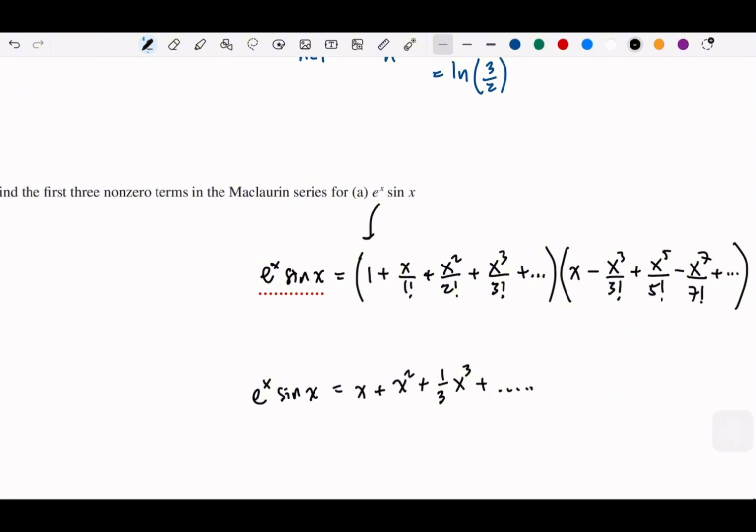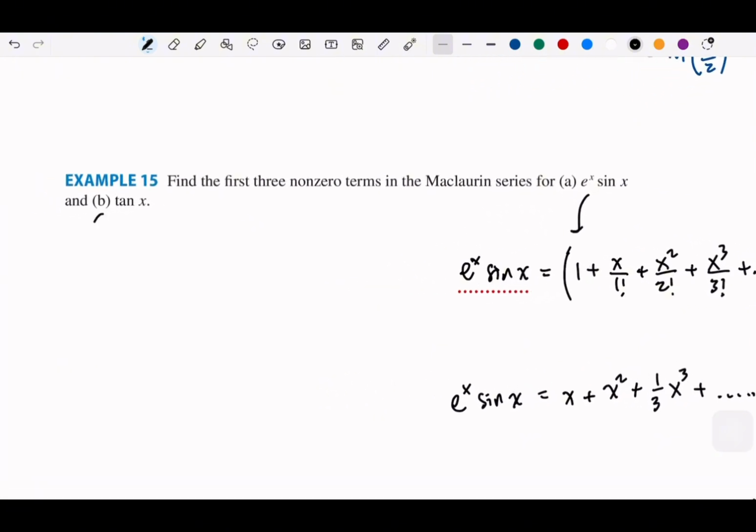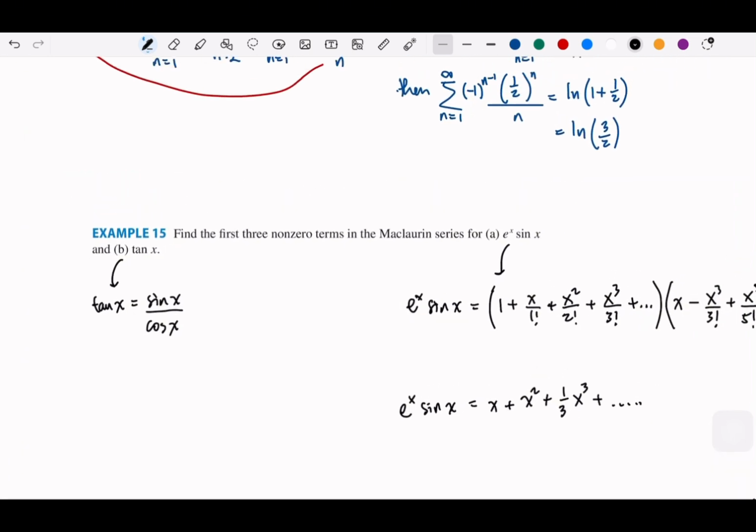And the same thing for the tangent x. This can be done from this sine over cosine, okay? Which basically we can write the expansions, each one of them. And the cosine is basically the derivative of the sine.